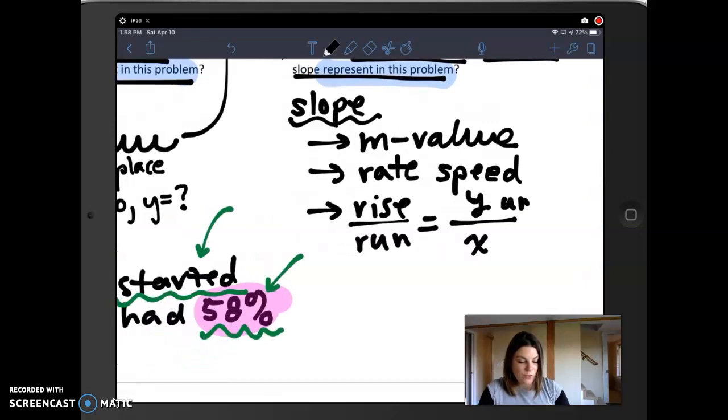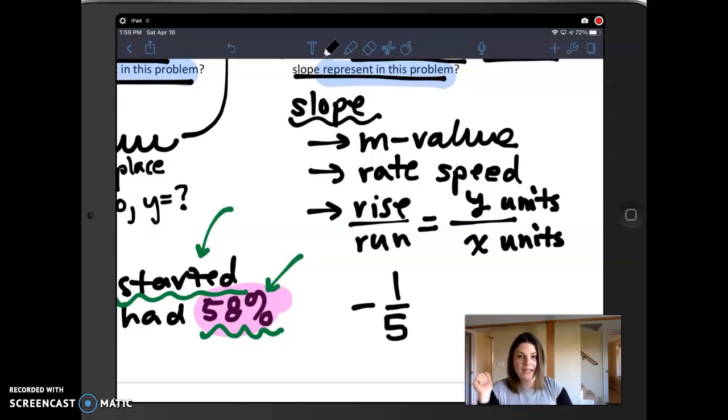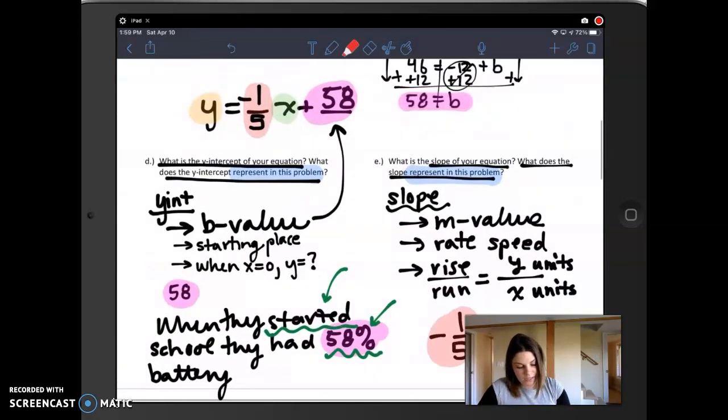And so we need to have the y units on top and the x units on the bottom. So for example, our slope is -1/5 when we had it reduced. Well, and highlight that in red, that's from our equation. You can see it up there. That would be this, and that would be our m value.